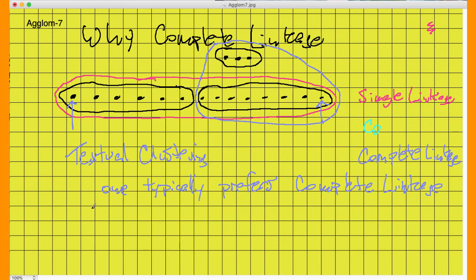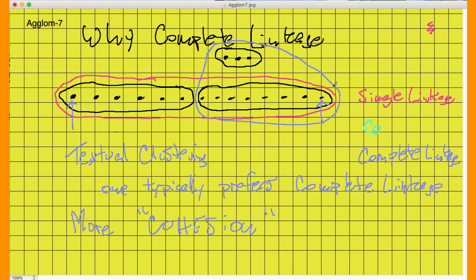And the reason is they say it has more cohesion. In other words, if I were to look at this cluster of the complete linkage and think of each of these points as being textual documents, they are more alike to each other than this one would be alike to that one. And that certainly appears to be the case in this one.